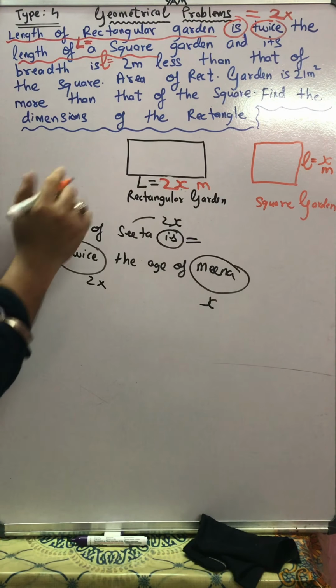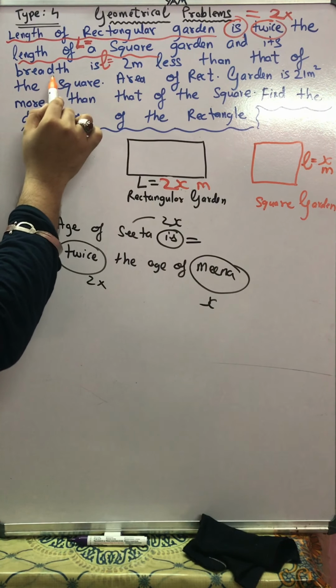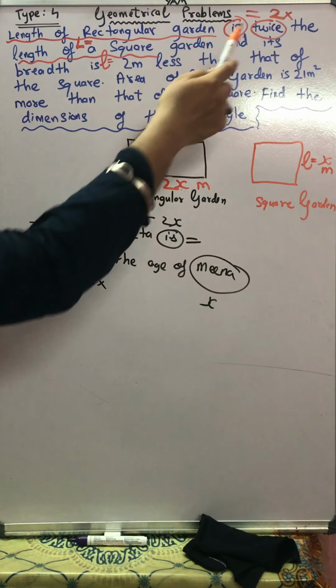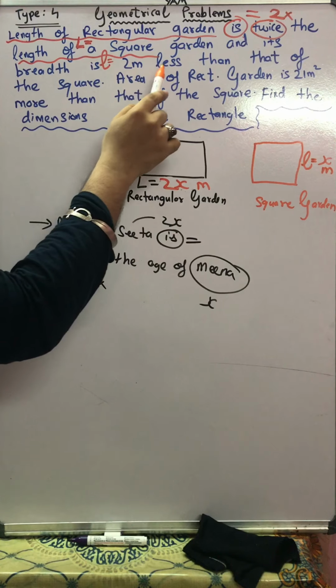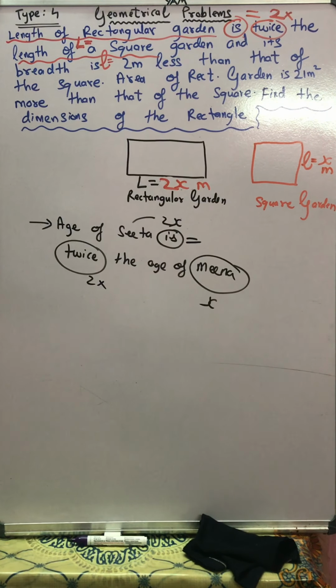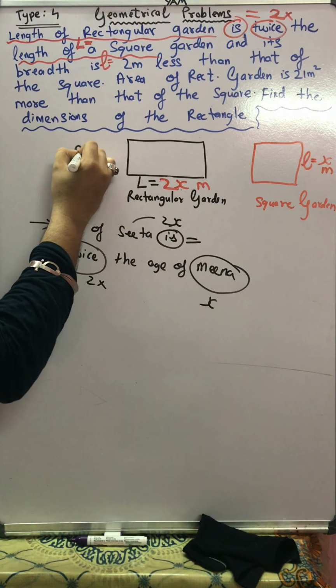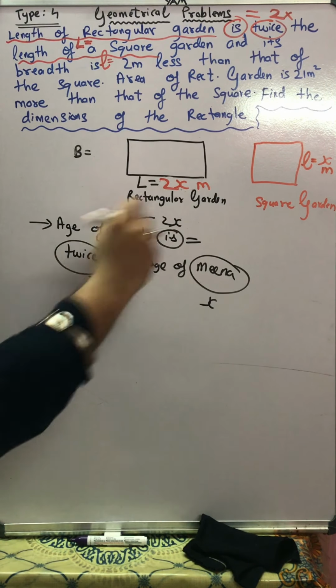Now, and its breadth. We are talking about the rectangle, and the rectangle's breadth is 2 meters less. Let us say that capital B denotes the rectangle's breadth. Students, but here also will I write small b?